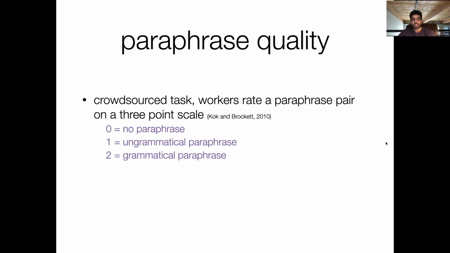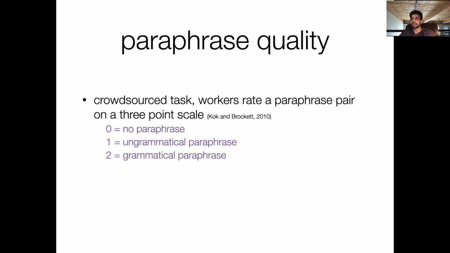Okay, so how do you evaluate paraphrases? We know for machine translation that we have the BLEU score, but we may not want to use BLEU score for paraphrase evaluation. So it's probably a good exercise to think about why, but just off the top of your head, it's obvious that any paraphrase system is going to produce words or even n-grams that are very likely to overlap with the input sentence, just based on the definition of paraphrasing.